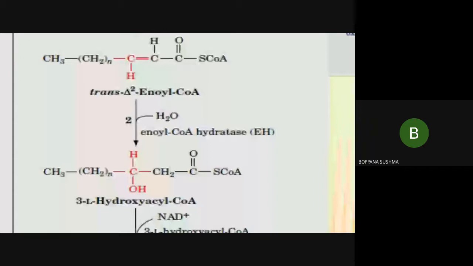So H plus is added to the first carbon atom beside the C double bond O. The OH group is attached to the second carbon, labeled by the red color. Now the entire compound is called beta hydroxyacyl CoA, instead of 3L, by the enzyme hydratase. That is the second step. Understood?